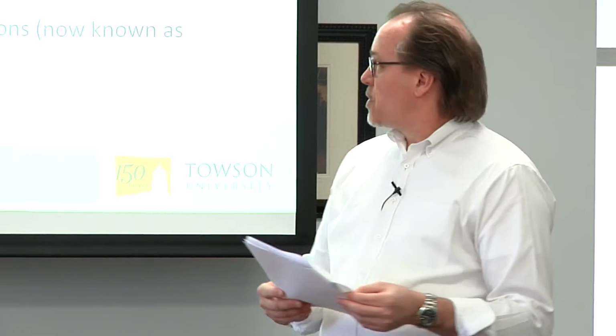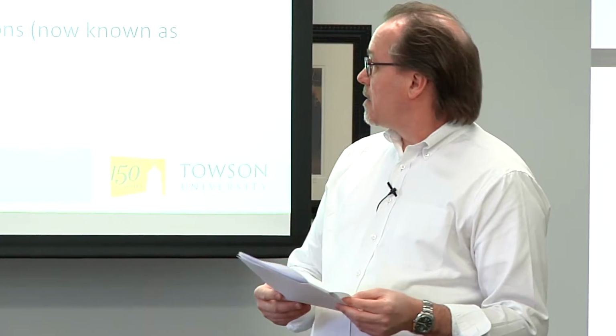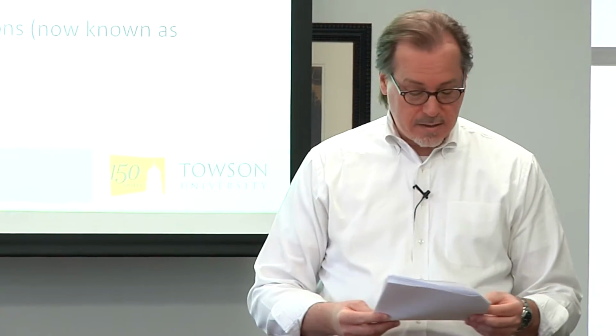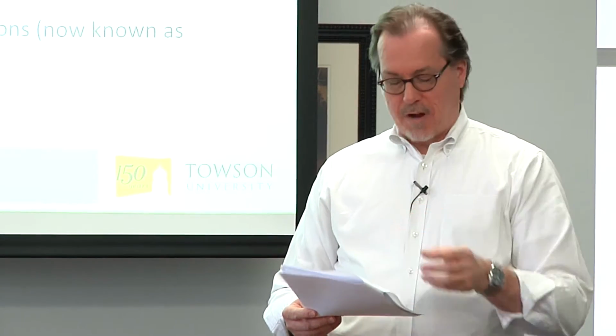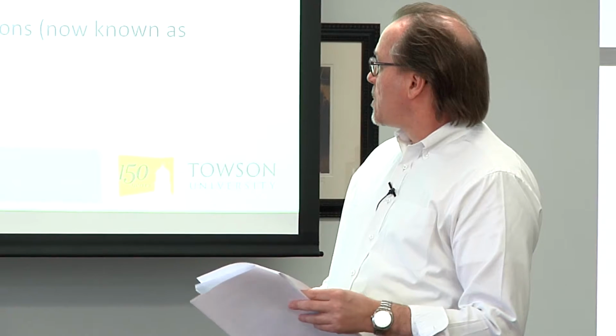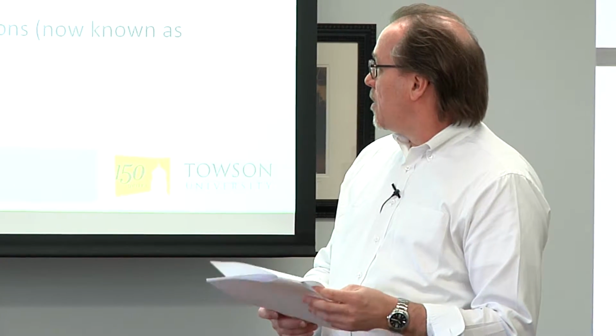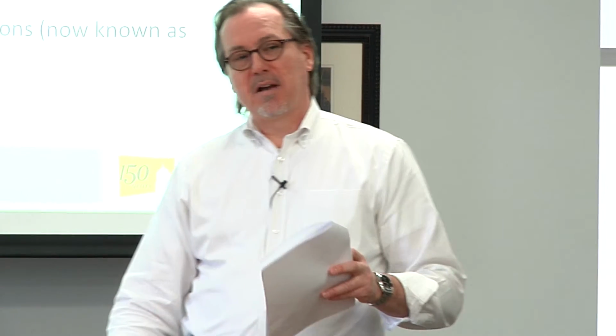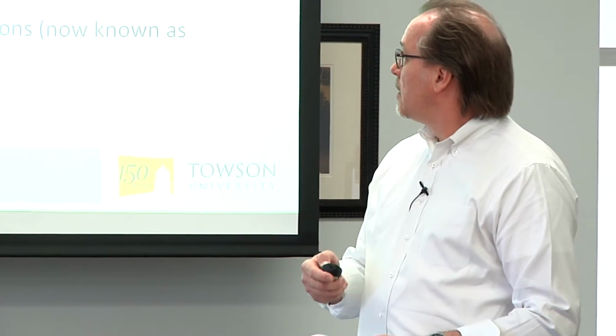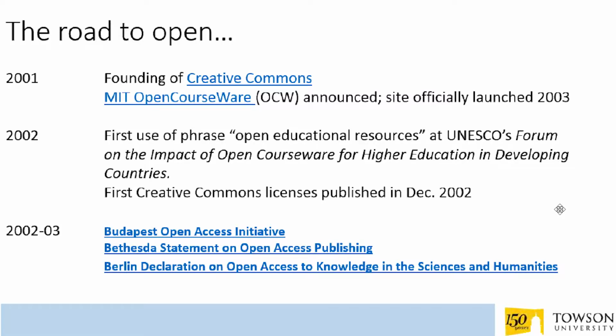So he coined this notion of open content, and he released the open content license and the open publication license. Those are sort of forerunners of what we now refer to as Creative Commons licenses. And then also in the late 1990s, Connexions, one of the first open access, open textbook repositories, was founded at Rice University.